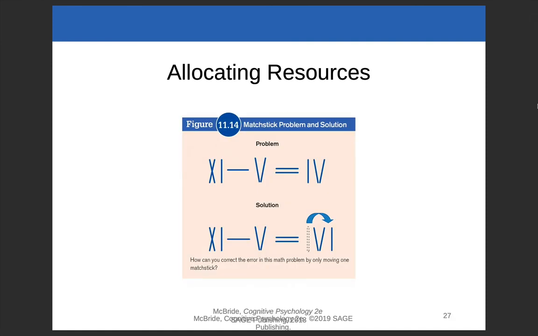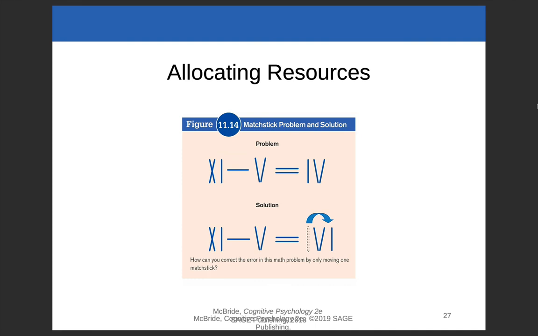So this is a good example of allocating resources. In other words, being able to focus resources and experience to solve a particular problem. So this is the matchstick problem, where you write out a math formula using matchsticks or toothpicks.